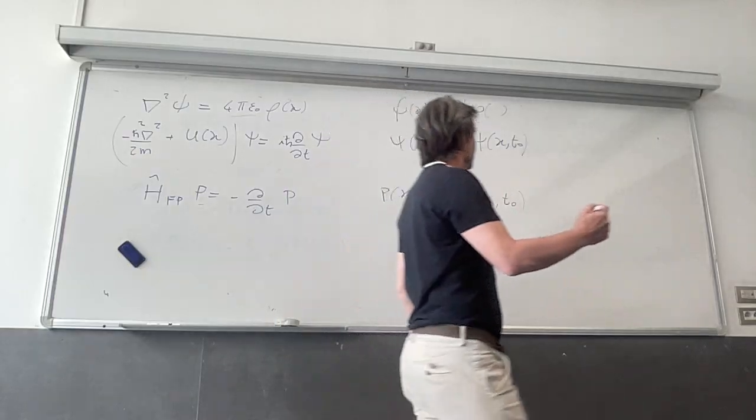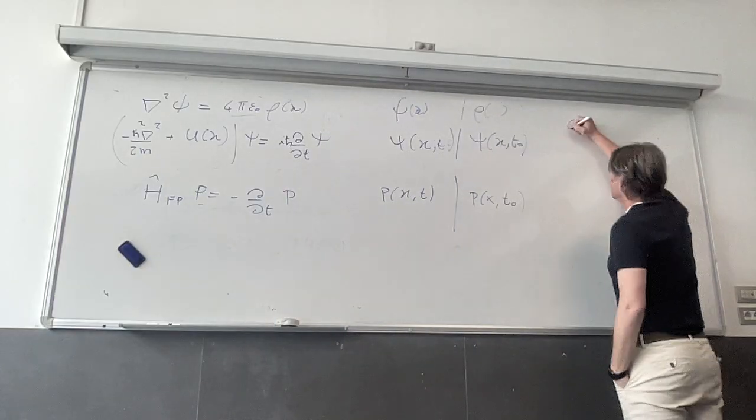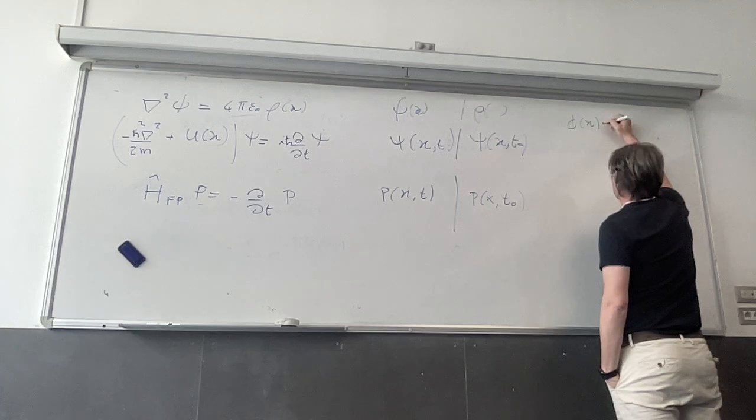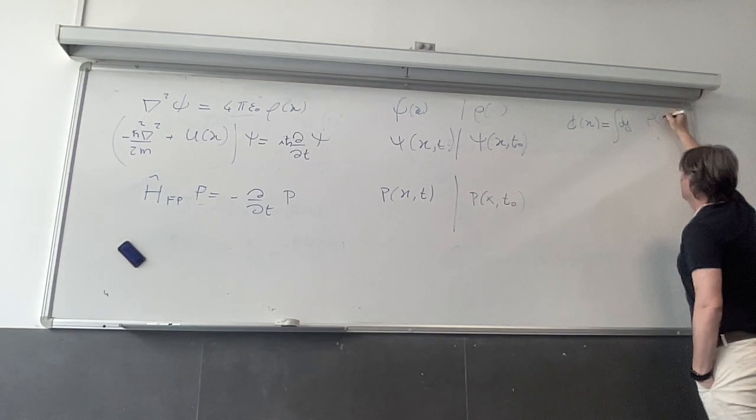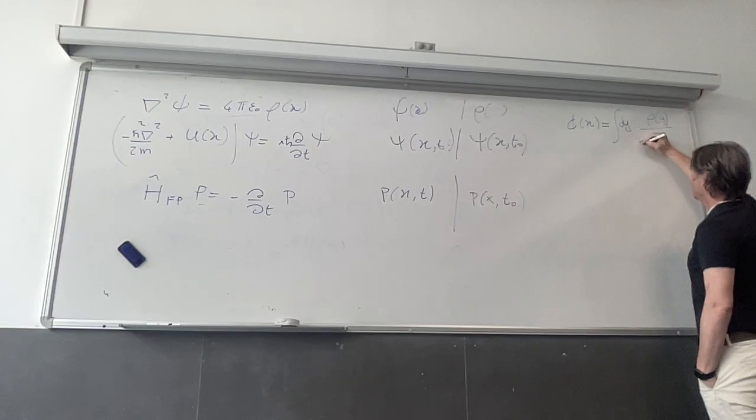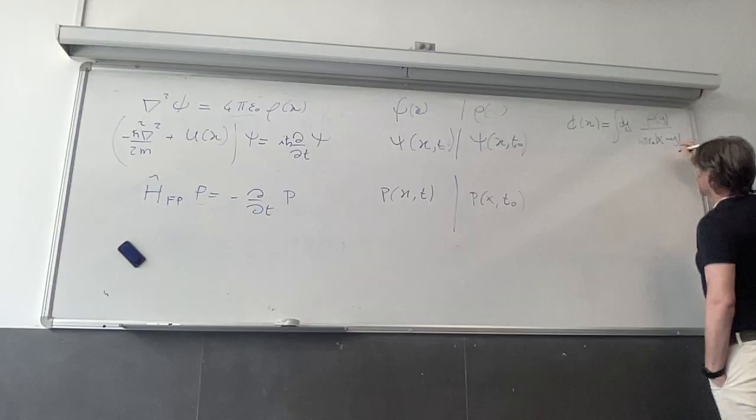Just to be practical, right? When you do electrostatics, you say phi of x is the integral over dy of rho of y divided by 4 pi epsilon naught times x minus y.